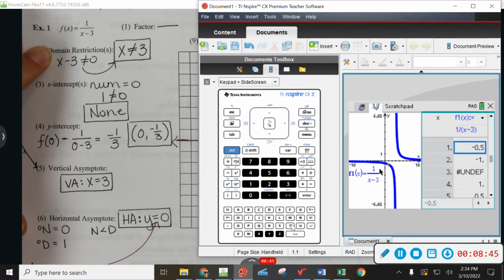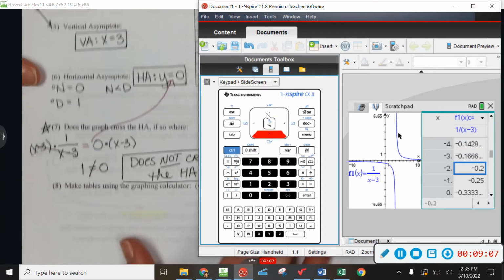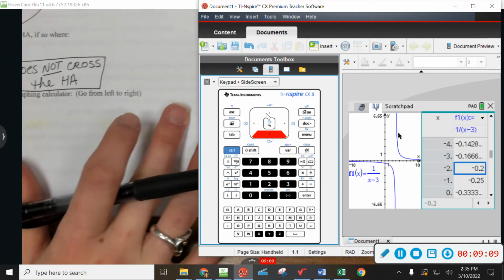So last class I told you just needed enough to make sure you knew what the curve looked like. So I'm going to go a little bit further left into the negatives. So it all starts leveling out close to 0. If I keep going, I'm just going to get smaller decimals. So I'm going to do -2, -0.2 for my table.